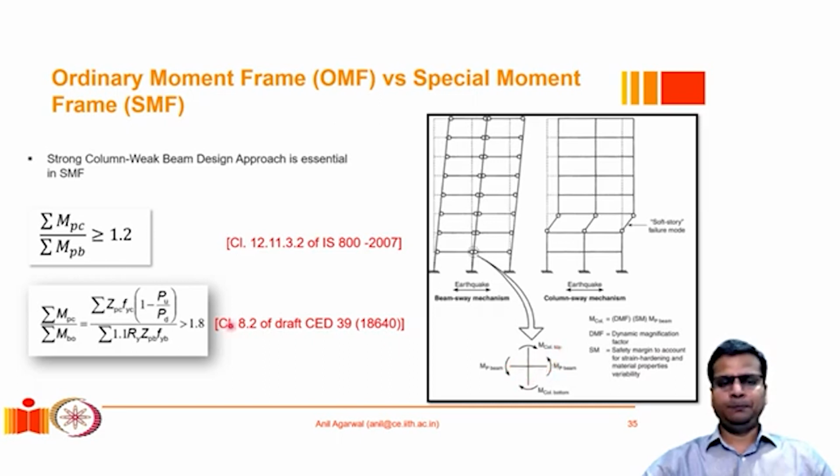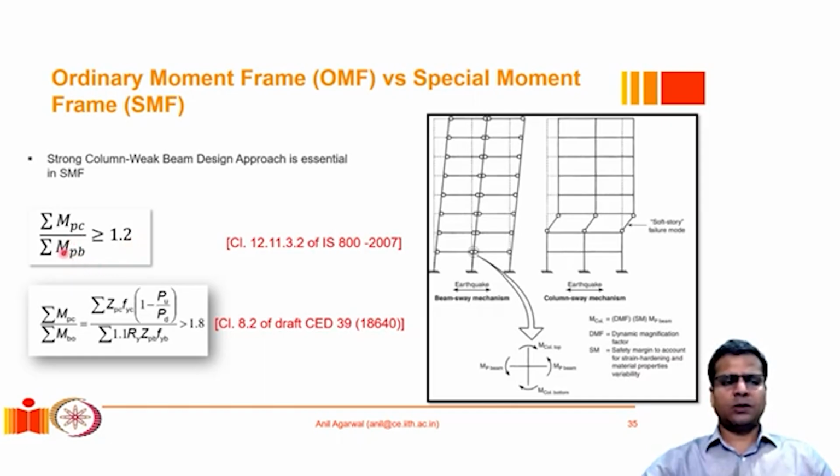IS 800, for example, gives this provision wherein you are required to calculate the moment capacity of the column at a joint and the moment capacities of the beams at the same joint. You add them up, and the ratio of the two should be greater than or equal to 1.2. This is very similar to other international standards that are prevalent.